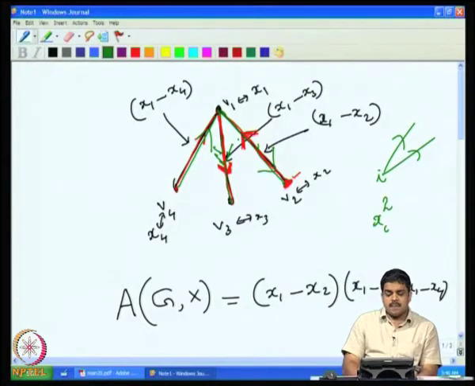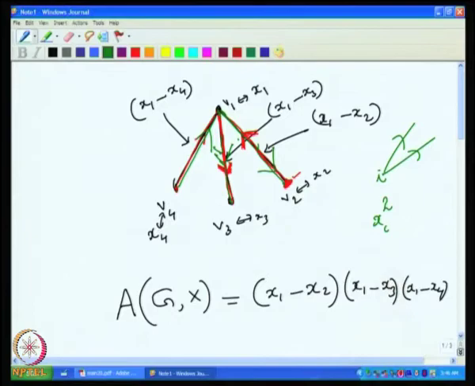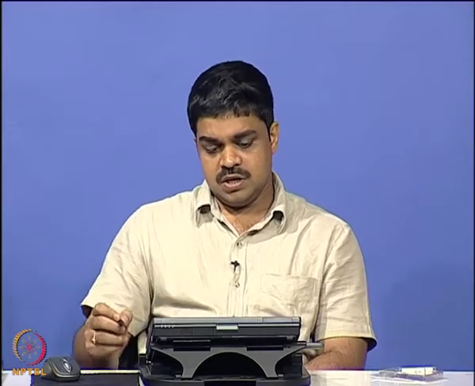Now we have to understand what the sign of a monomial will be in terms of the orientation which corresponds to that monomial. That is not very difficult to understand, because whenever we are orienting the edge from the lower to the higher, we are picking up the positive term. When we are orienting the edge from the higher to the lower, we are actually picking up the negative term.